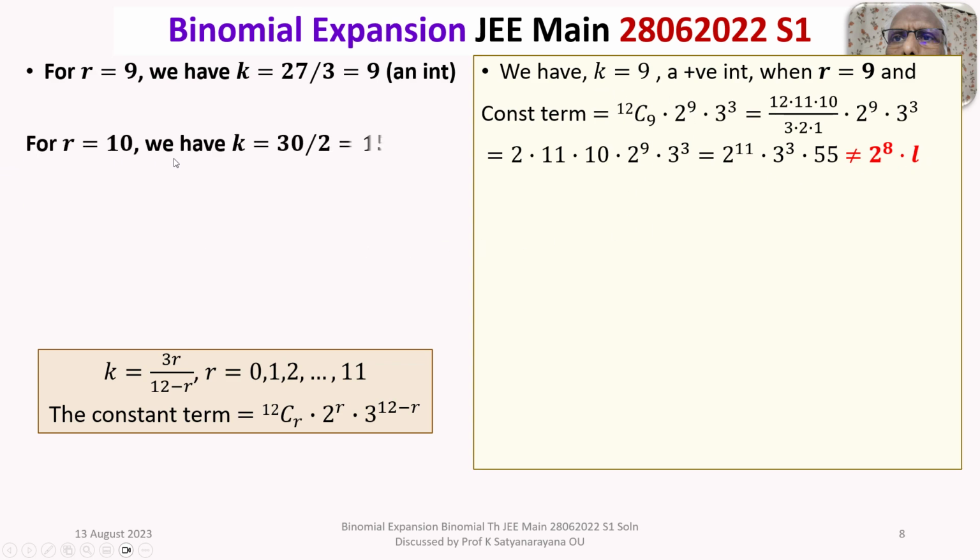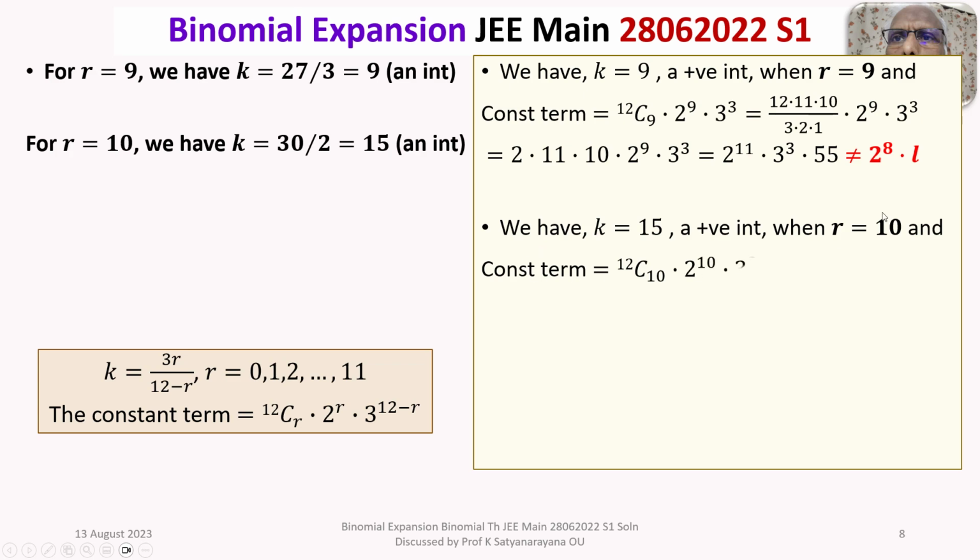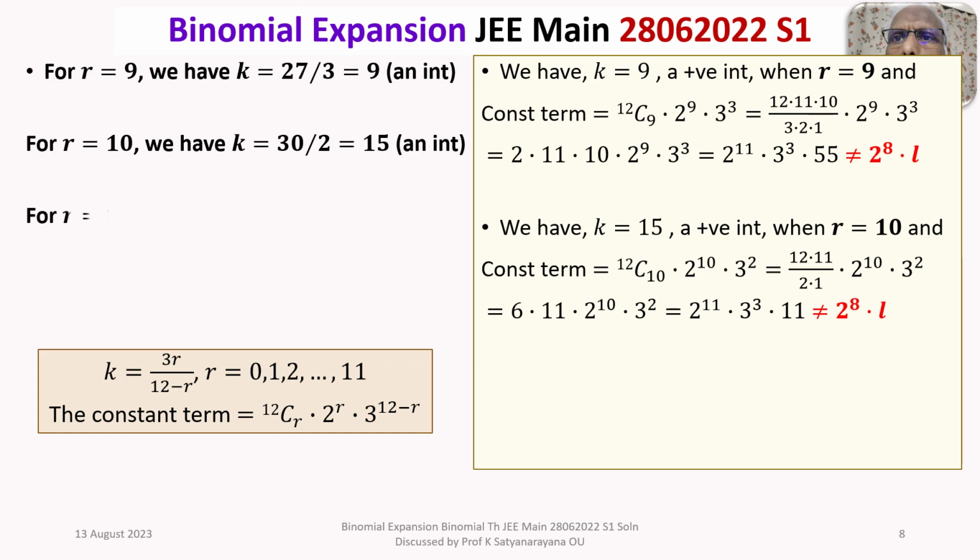For r is equal to 10, we have k is equal to 30 by 2, that is 15, a positive integer. Let's look for the constant term, how that will look like. For r is equal to 10, 12C10, 2 power 10, 3 square. Simplify, we get 2 to the power of 11 into L, which is not equal to 2 power 8 into L. Therefore, this is not a candidate for us.